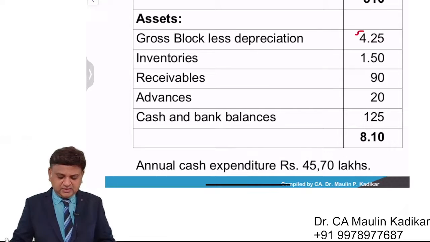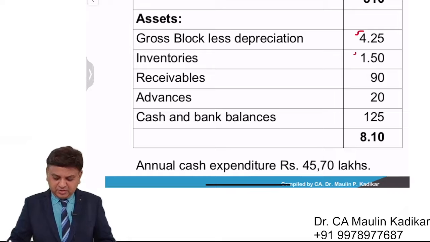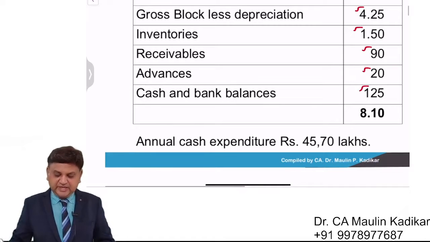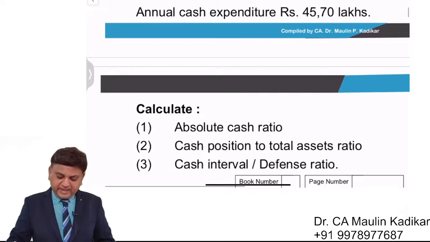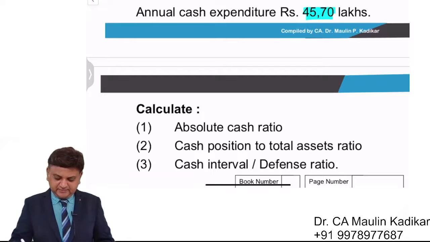Gross block less depreciation, stock, receivables meaning debtors, advances, cash and bank. Annual cash expenditure is 4,570 lakhs.